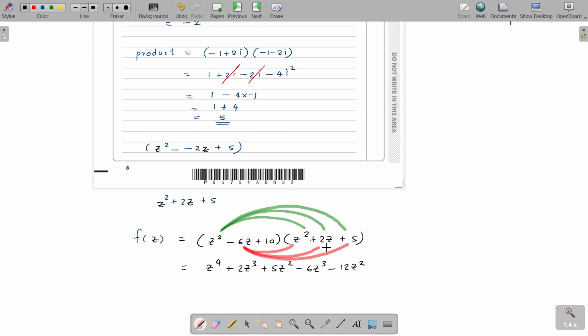Minus 6z into plus 5 is minus 30z. So the final one. Plus 10 into z square is plus 10z square. Plus 10 into plus 2z is plus 20z. Plus 10 into 5 is plus 50.